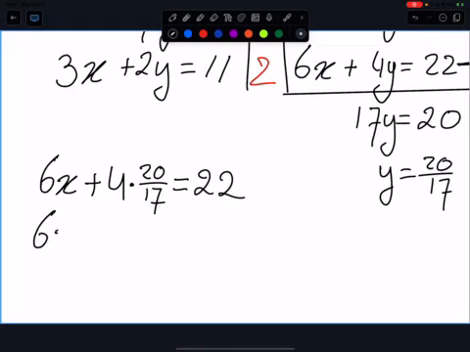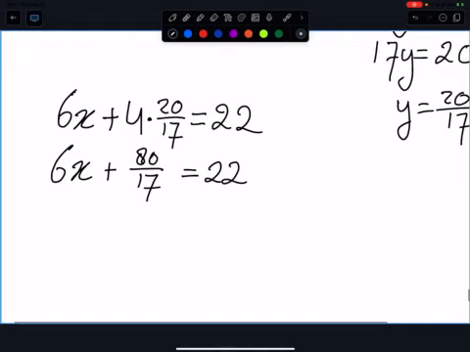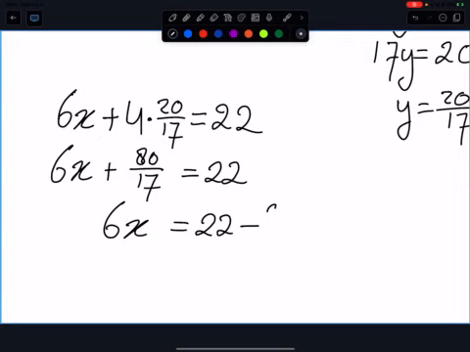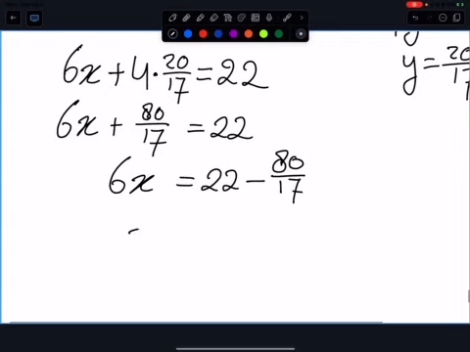So you get 6x plus 80 divided by 17 equals 22. Basic algebra. And you continue. 6x equals 22, subtract by 17.